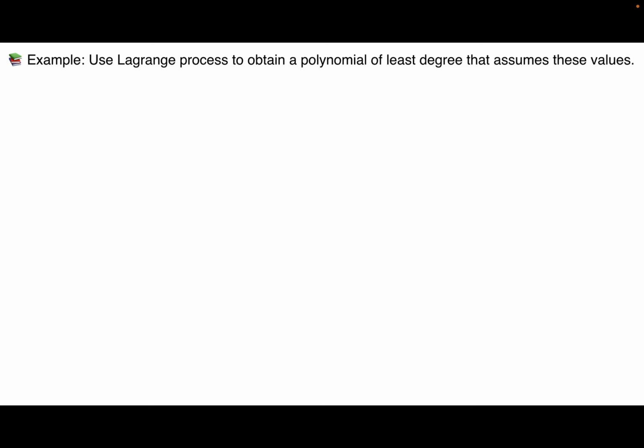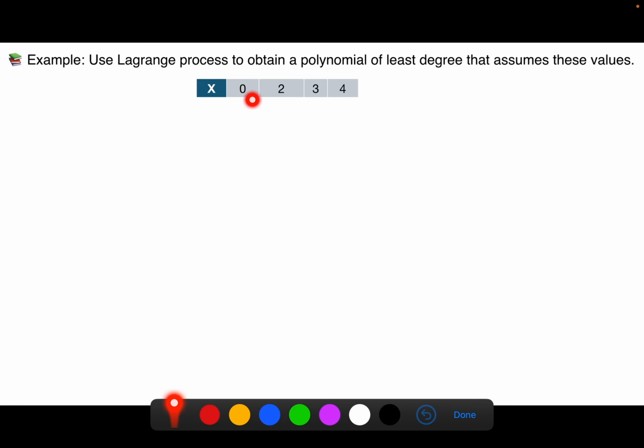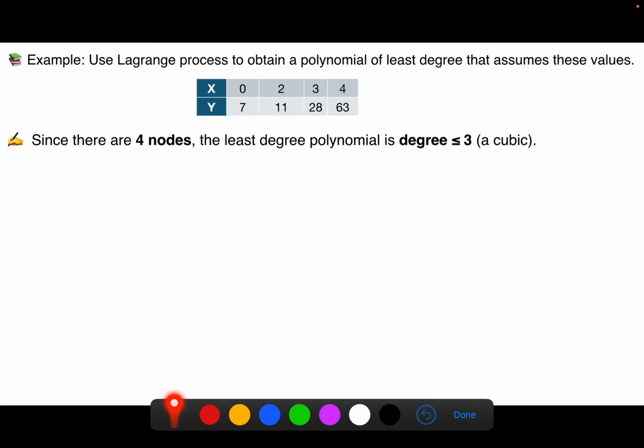Now we solve a complete example using the Lagrange interpolation process. We are given the following data. That means we have four distinct nodes 0, 2, 3 and 4. Corresponding function values are 7, 11, 28 and 63. Since there are four distinct nodes here, the least degree polynomial will be of degree less than or equal to 3.